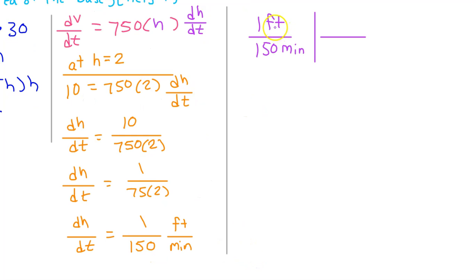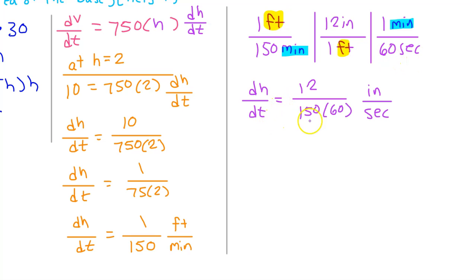To convert feet into inches, we multiply by 12 inches over 1 foot. That will cancel out the feet. To convert minutes into seconds, we multiply by 1 minute over 60 seconds. That will cancel out the units of minutes.